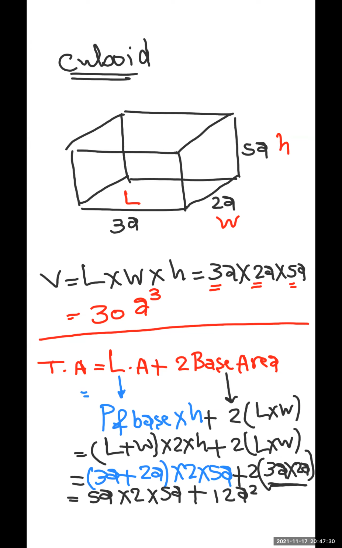So now I'm going to write it on the top. It will equal 5a times 2, 10a times 5a, it will be 50a squared plus 12a squared. So now the total area will equal 50 plus 12, which means 62a squared. That's it.